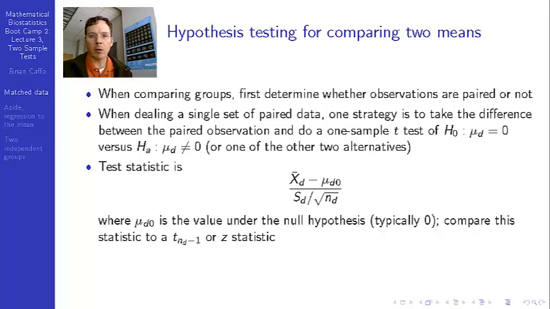But they could be paired, because often what people do in these kinds of experiments is they get their low blood pressure people, and then for every person in that group, they try to match in terms of age and gender and other characteristics, closely matching every person with another person in the high blood pressure group. In that case, it would be softly paired in that it wouldn't be the exact same person, of course, because a person at one given instance can't have low blood pressure and high blood pressure at the same time.